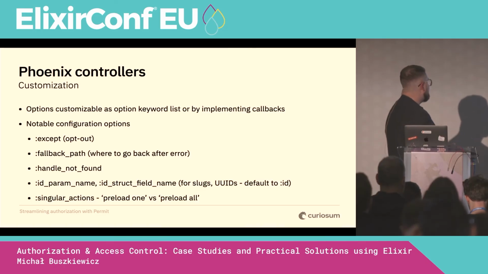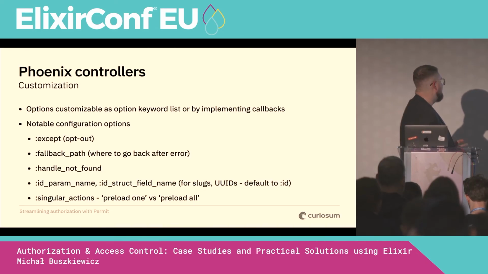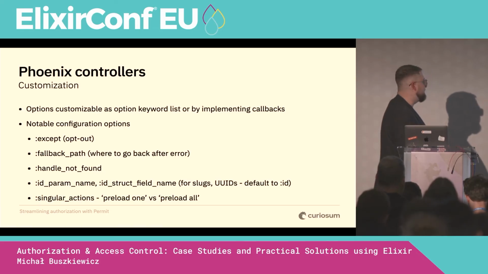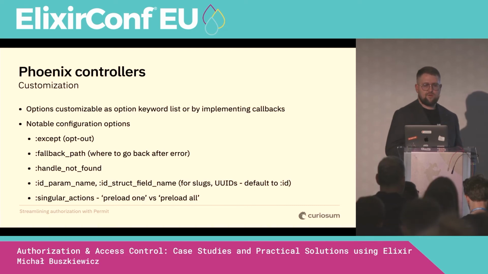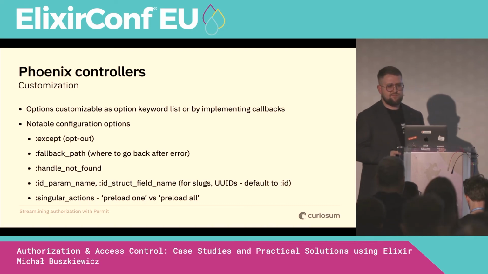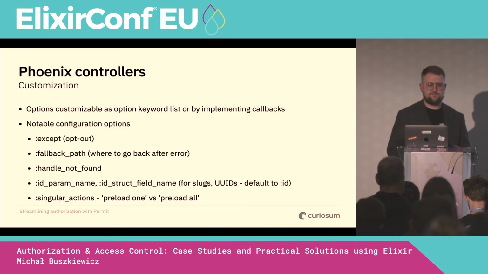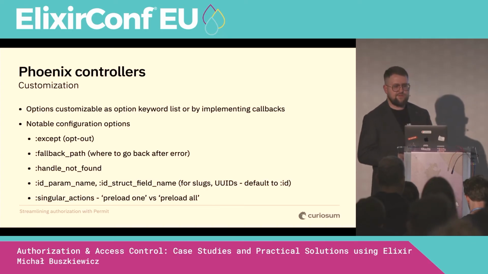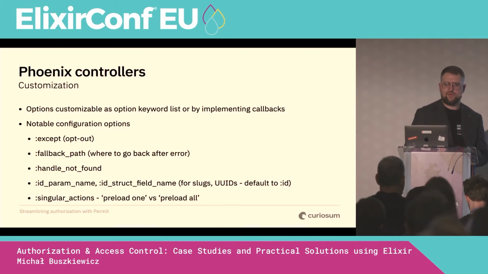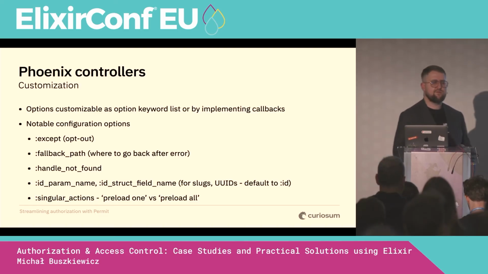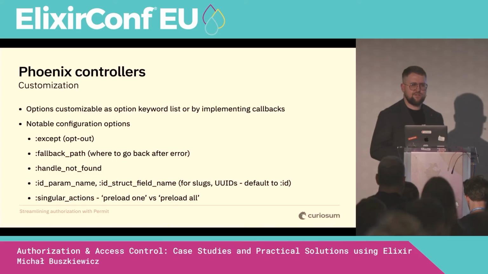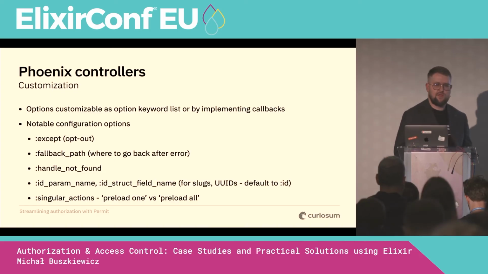So other notable customization options can be given as option keyword lists or by implementing callbacks just as before. Among them are the except option, which is opt-out. So just for the sake of security, the opt-out thing is much better than an opt-in solution. Fallback path, where to go after authorization error if the default callback is used.